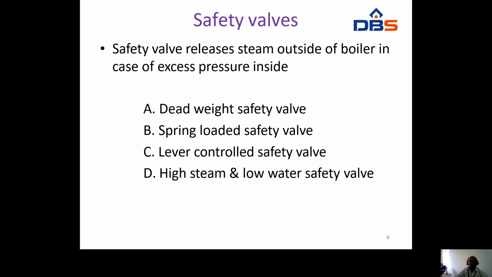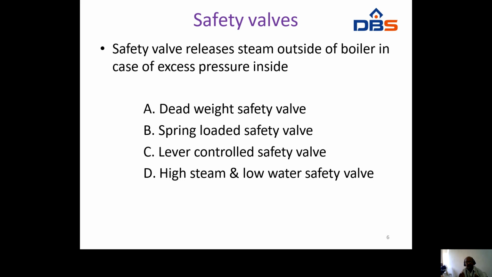Next one is safety valves. What is the purpose of the safety valve? The safety valve releases the steam outside the boiler in case of excess pressure. Suppose the pressure reaches the maximum pressure, the safety valve automatically comes into operation and releases the excess pressure to the outside.